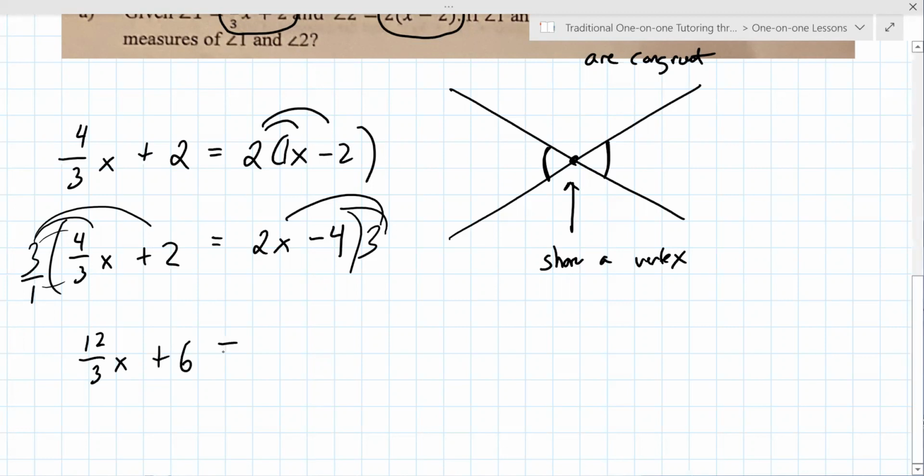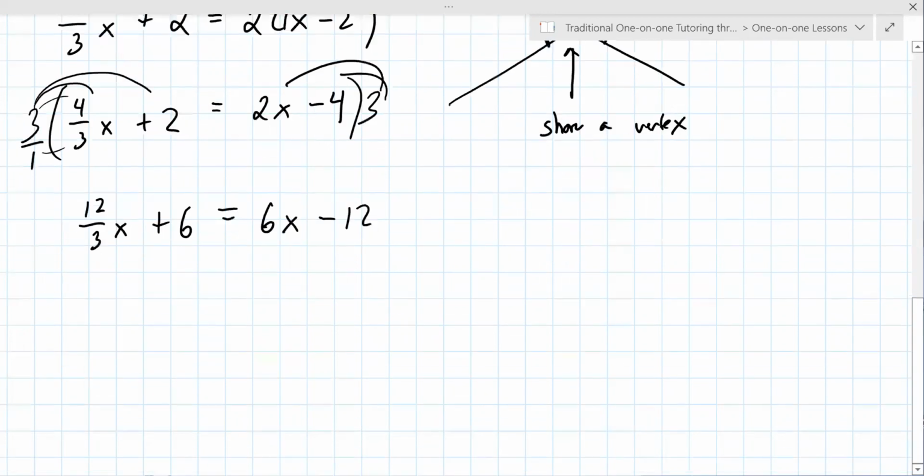Plus 6 equals 6x minus 12. What is 12 divided by 3? That's 4. 4x plus 6 equals 6x minus 12. Are you writing this down? Okay. Now I want you to solve for x.